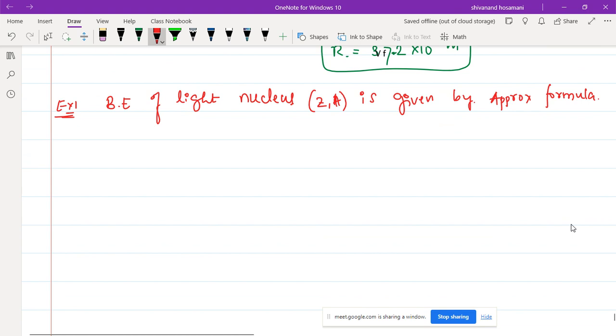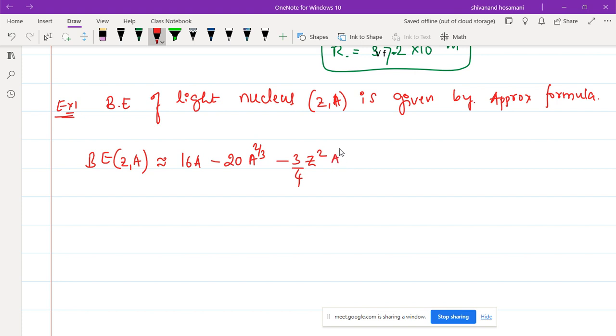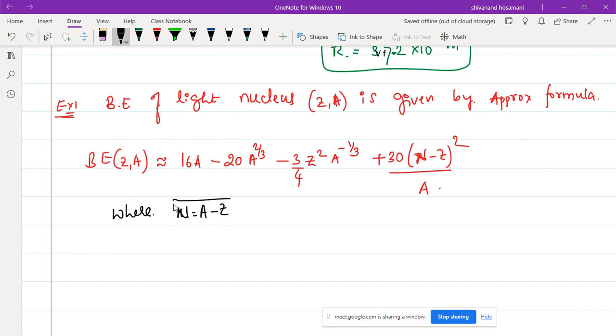The question is like this: B, the binding energy of (Z, A), is nearly equal to 16 times A minus 20 times A to the power of 2 by 3, then minus 3 by 4 times Z square into A to the power of minus 1 by 3, then plus 30 times (N minus Z) whole square divided by A. This is the binding energy formula, where capital N is equal to A minus Z. We know this.